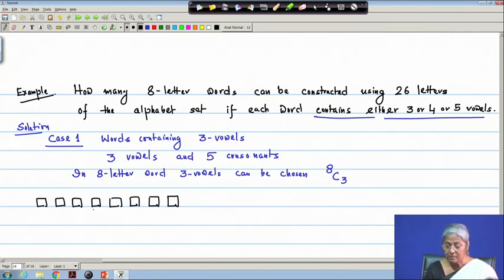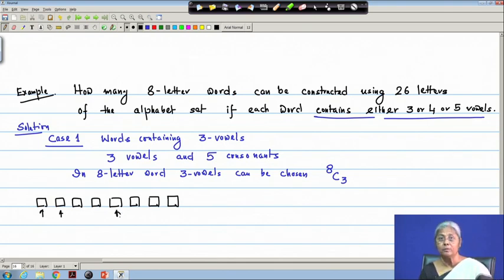These 3 vowels I can put in 8C3 different ways: the vowel can be here, it can be here, it can be here.